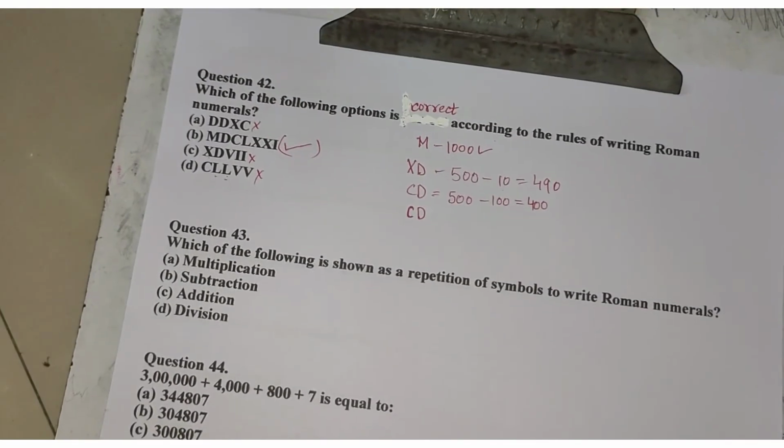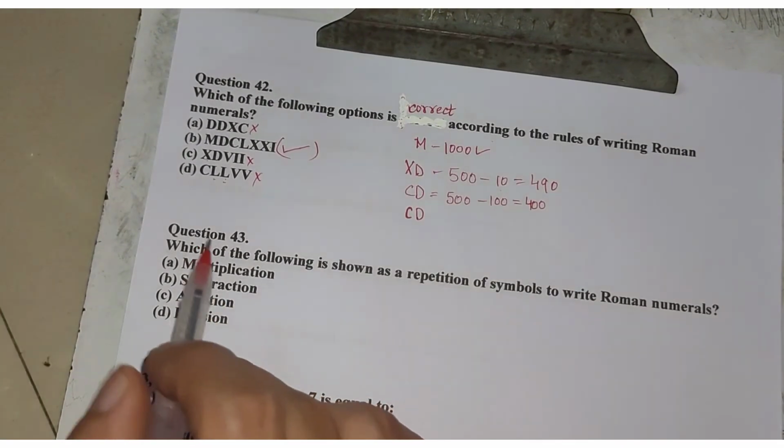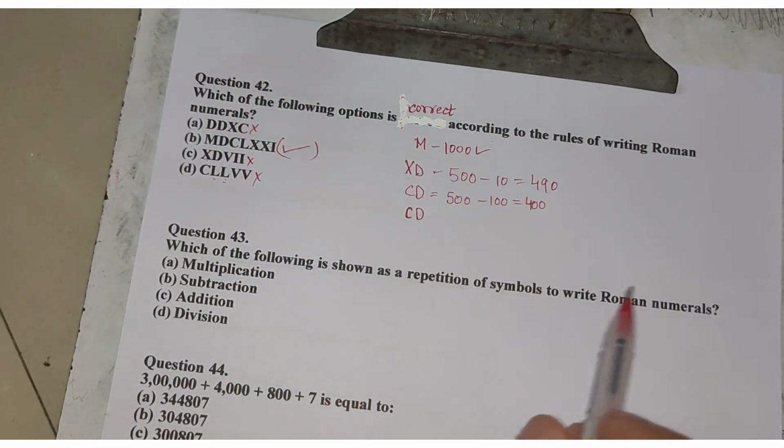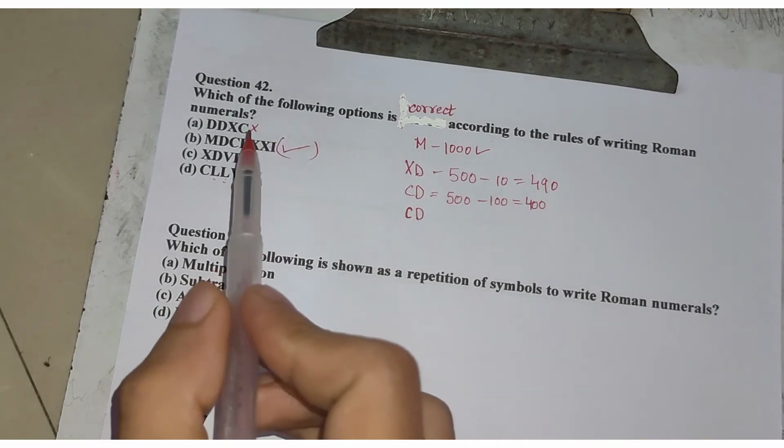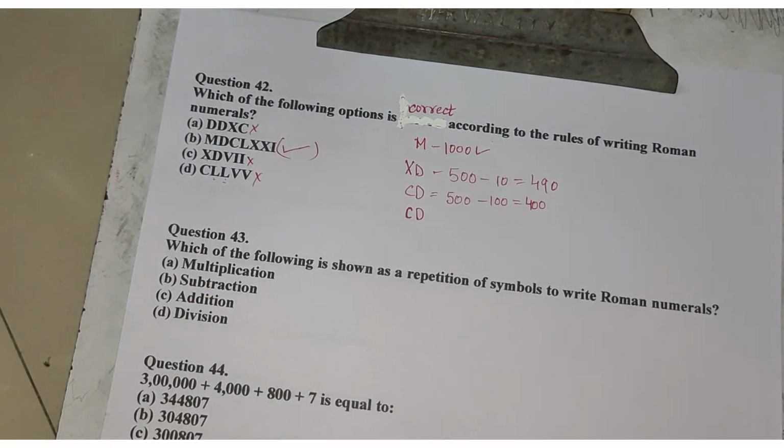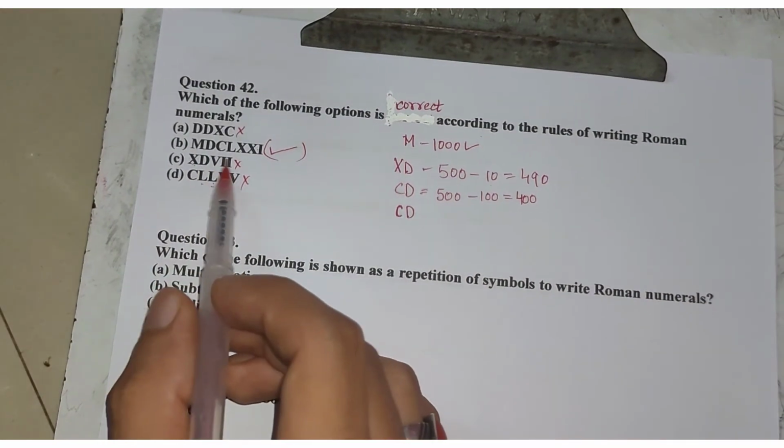Now moving to the 43rd one. Which of the following is shown as repetition of symbols to write the Roman numerals? Whenever we write Roman numerals, how can we represent them in the Hindu-Arabic form? Just by adding them, right? We are adding next to next to next.